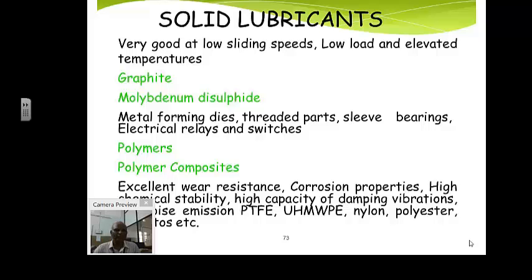Graphite is a typical example. Molybdenum disulfide applied in various formats is also another example of a solid lubricant. There are polymers as well as polymer composites like polytetrafluoroethylene, ultra high molecular weight polyethylene, nylon, polyester, etc.